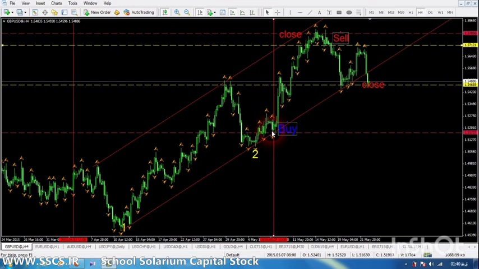I have drawn the trend line here. I have started buying when it was at the bottom of the trend line. I was online on the market and I have closed it, or maybe I have put something there so it closes by itself. So try to close the deal a little bit before the price touches the trend line.